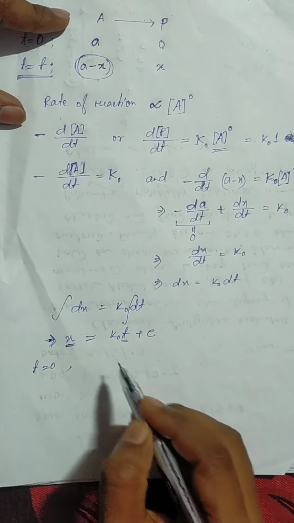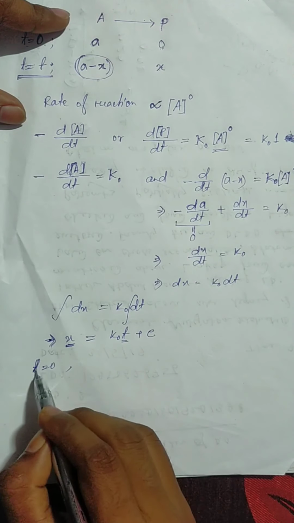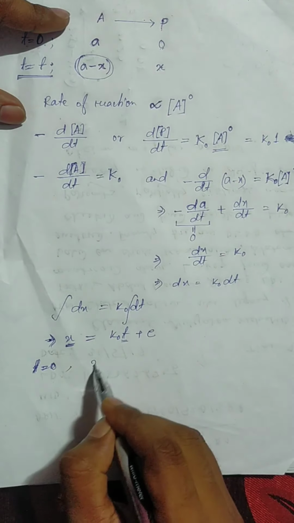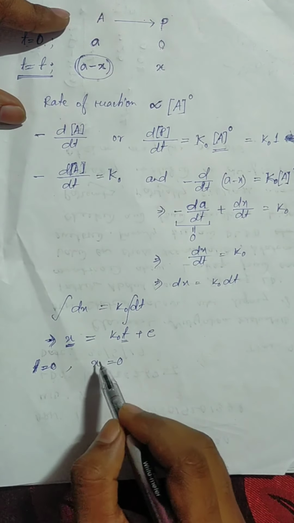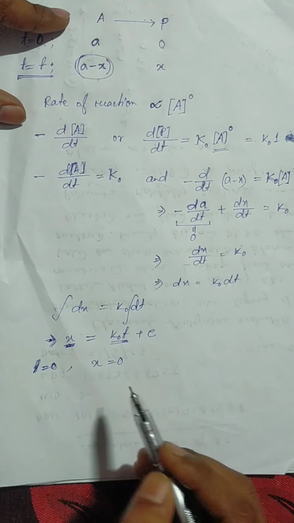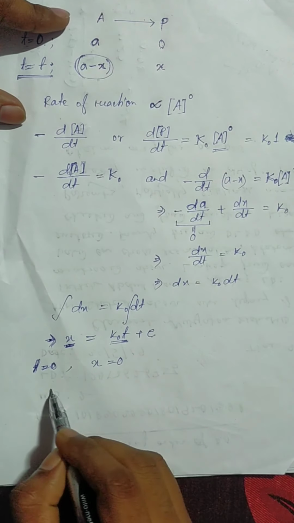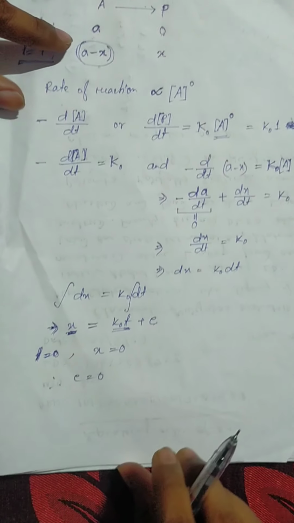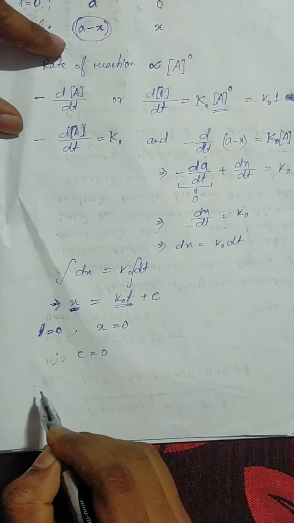At the initial state, when t is equal to 0, x will be 0. So we can write C is equal to 0.